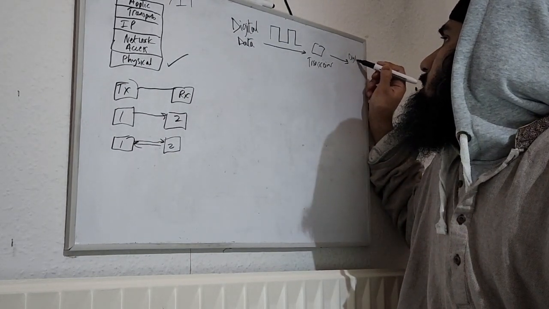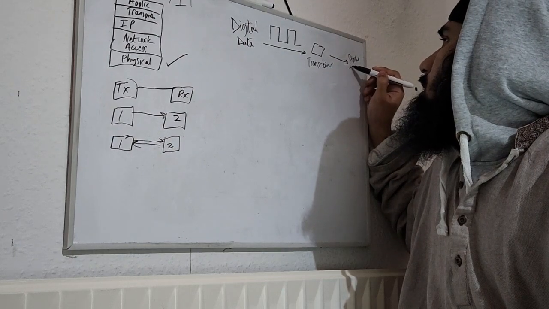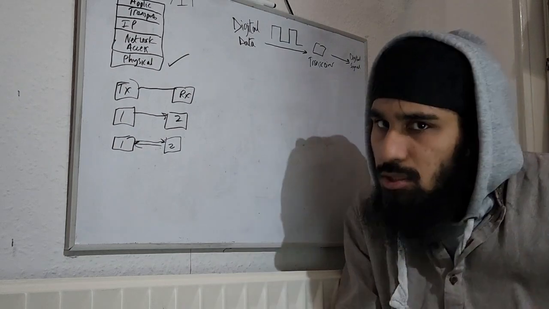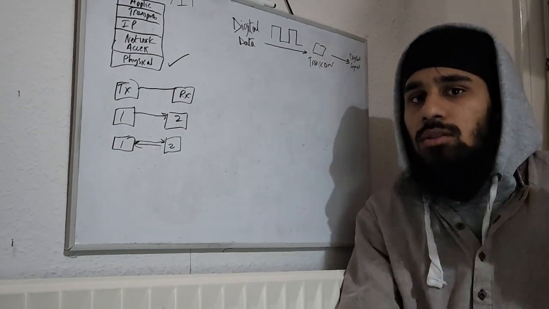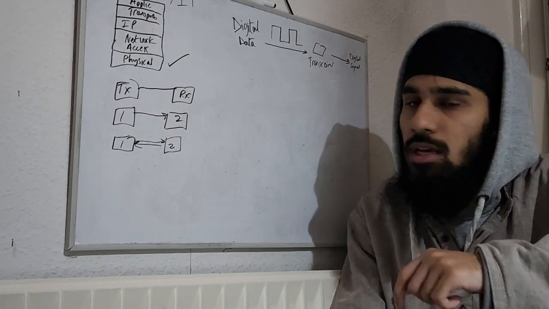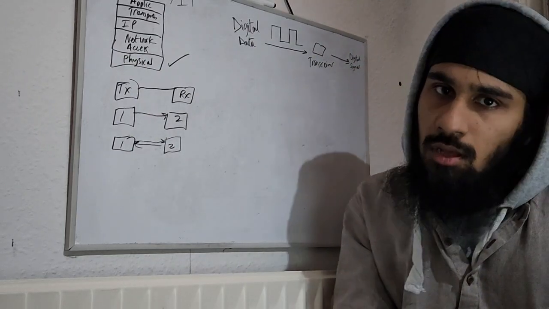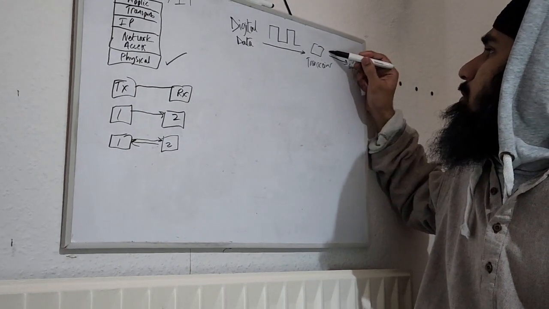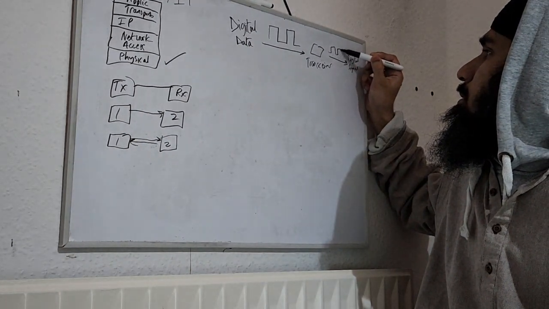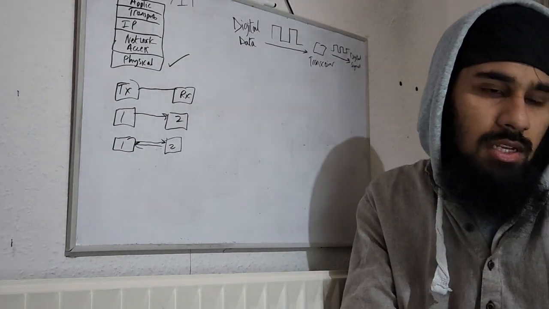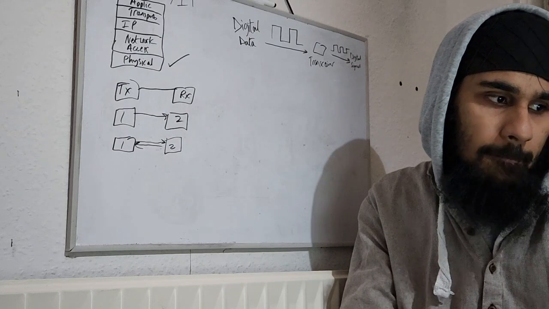That's how it's being detected. So you send bits, 1 0 1 0 1 1 1 0, and that's going through as a digital signal. So how we're sending is very important.